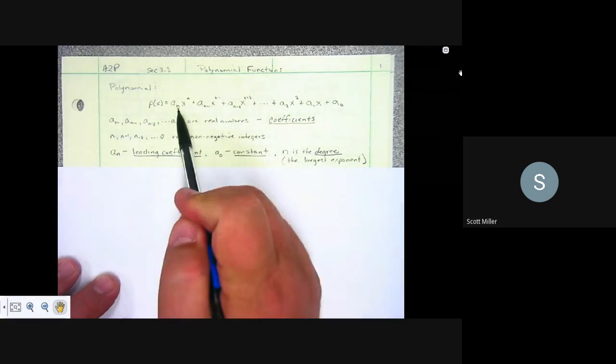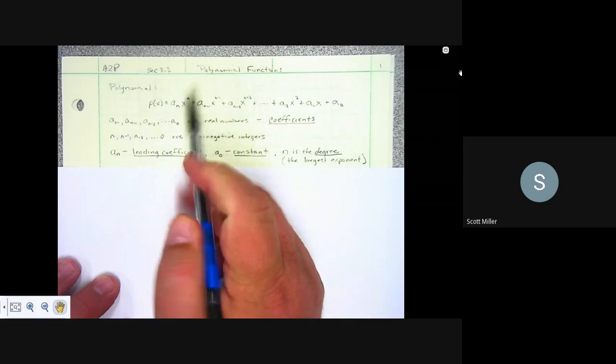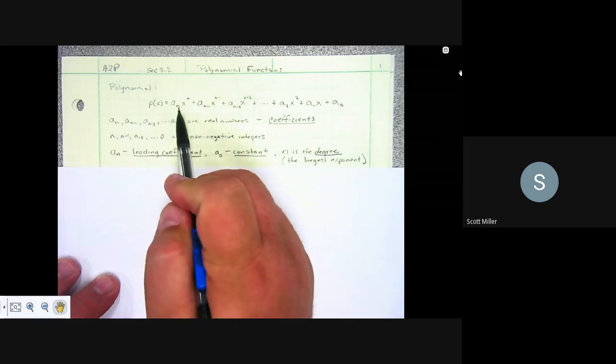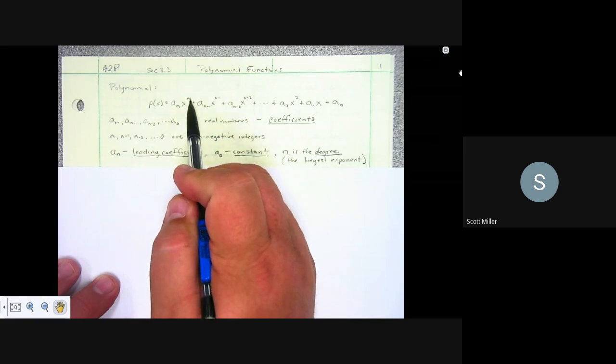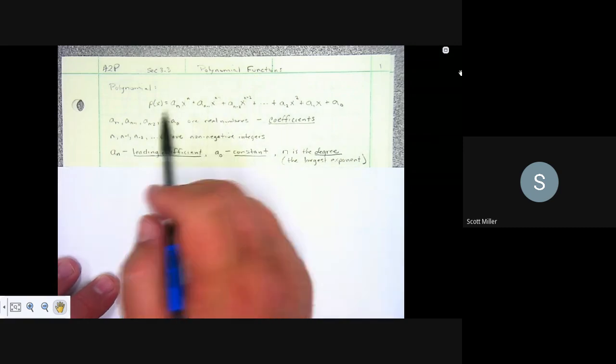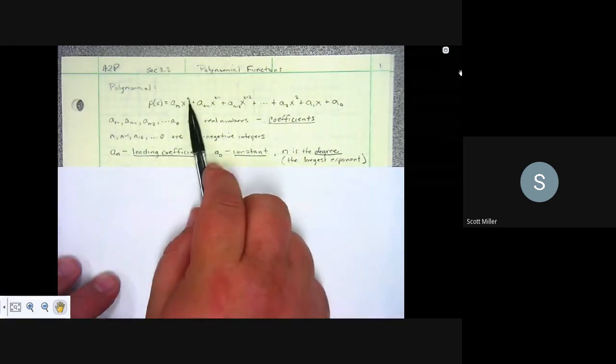And the subscript just tells you where it goes. So this number is the number in front of the x to the n. You'll notice that the subscript value is the same as the exponent of this term. And that's all it is. It's just a place identifier. The exponents, you'll notice, also decrease by 1.